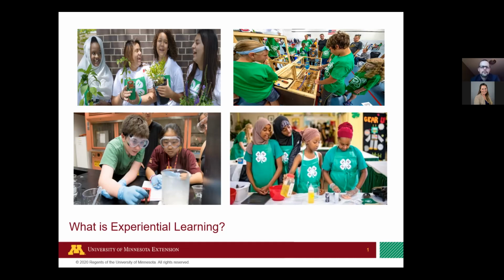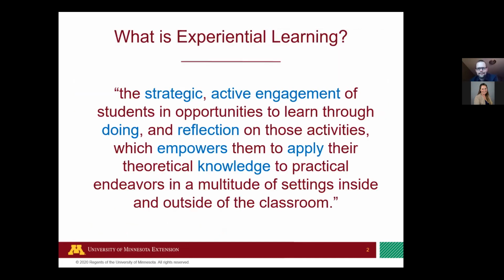So I use these visuals so you can think about and see what experiential learning looks like before I share the definition. So I'm going to share the formal definition first. So the strategic, active engagement of students in opportunities to learn through doing and reflection on those activities, which empowers them to apply their theoretical knowledge to practical endeavors in a multitude of settings inside and outside of the classroom.